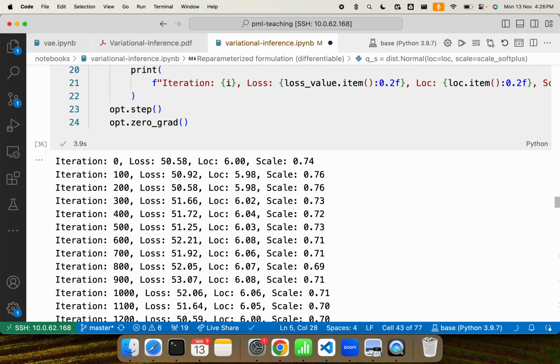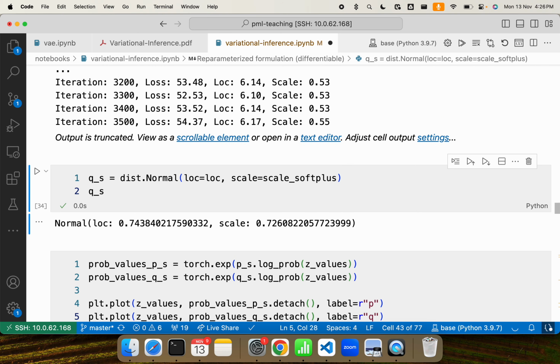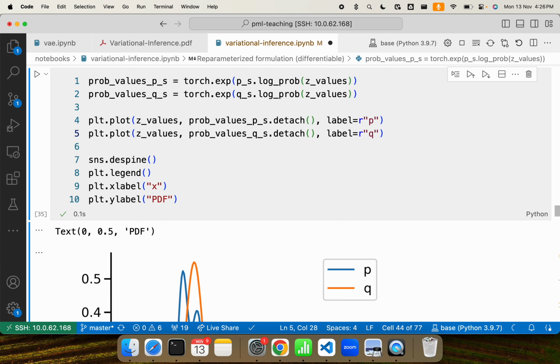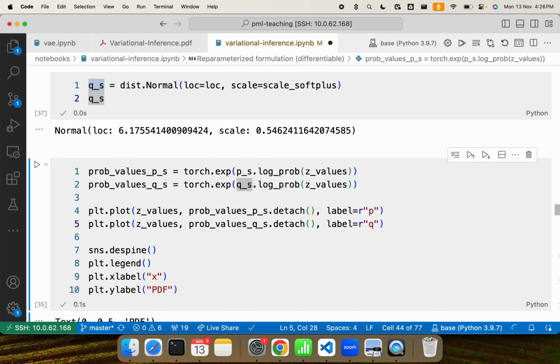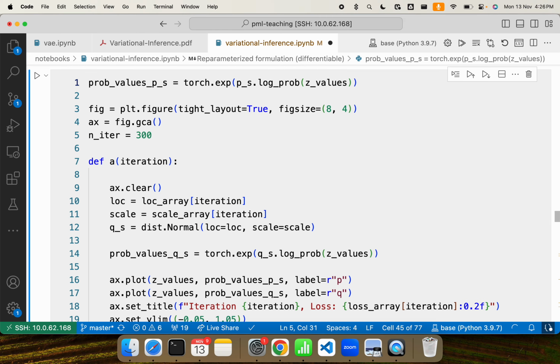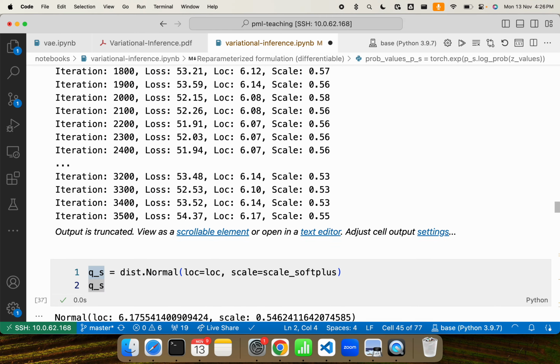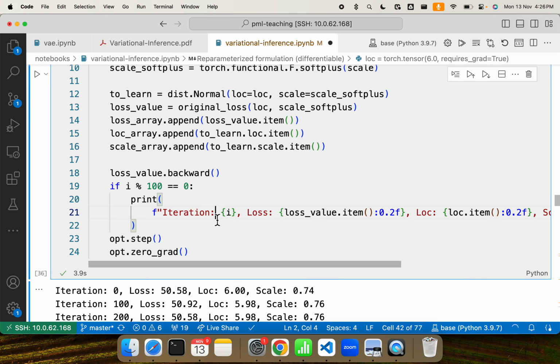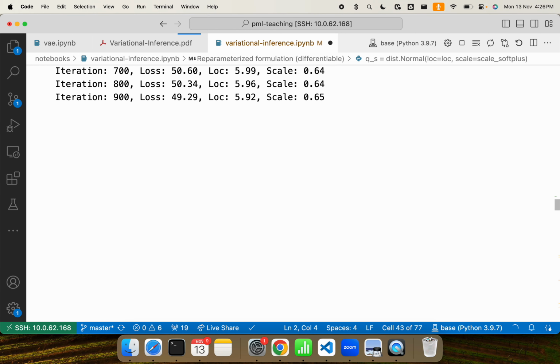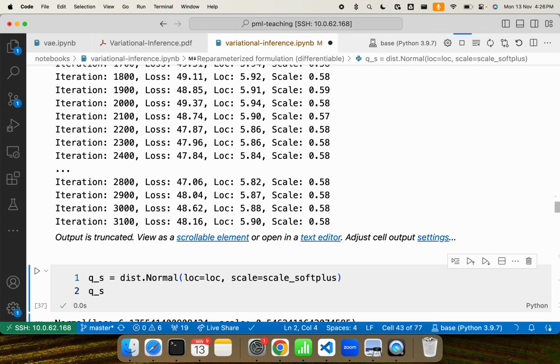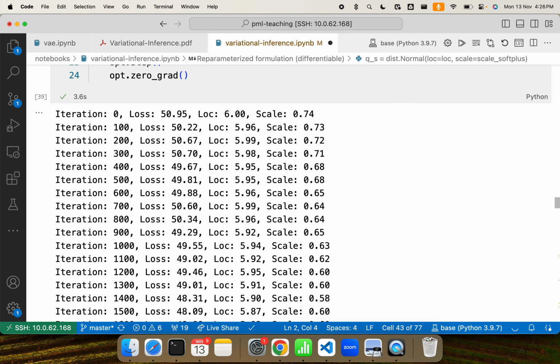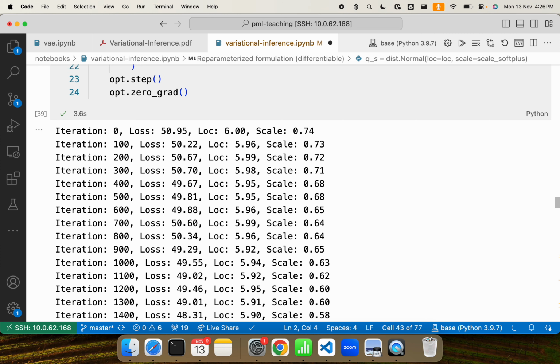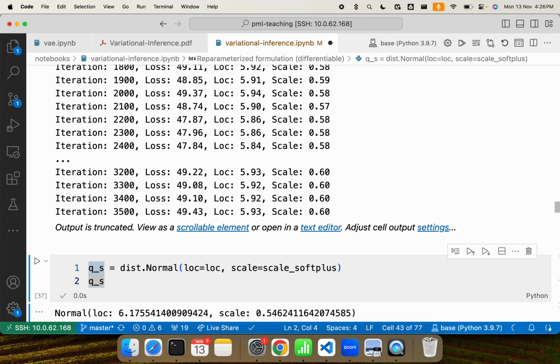Okay, now it seems to have not worked actually. The values are indeed changing, but only with very minor changes.